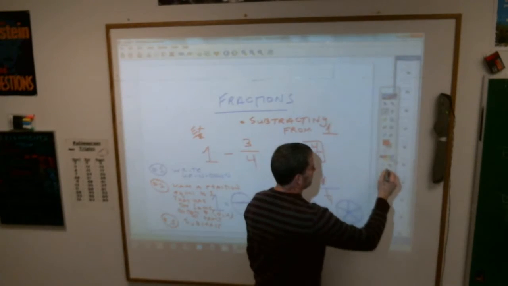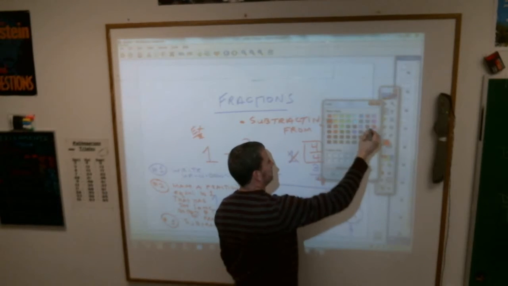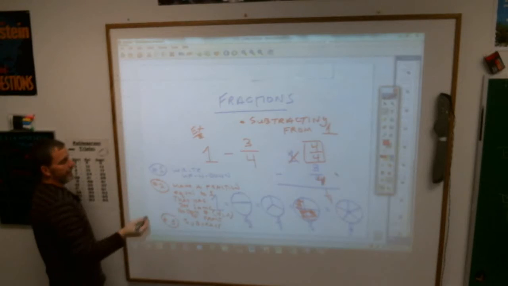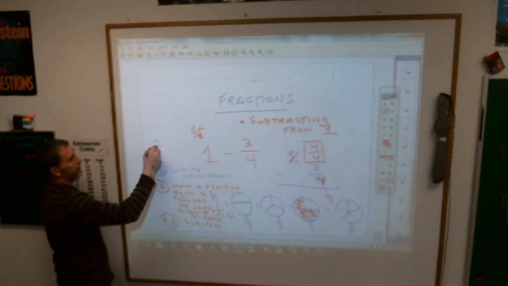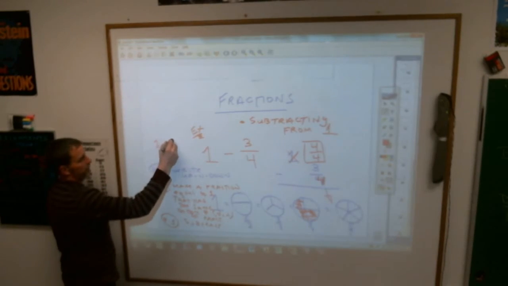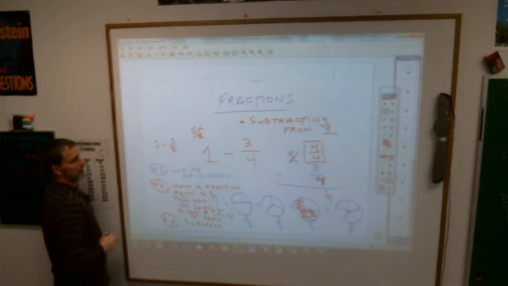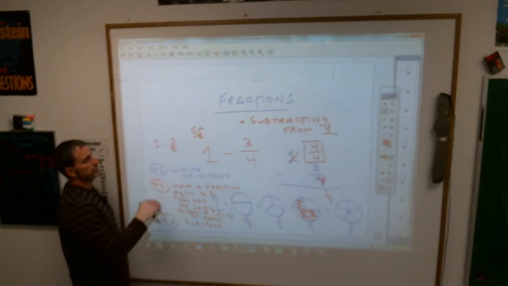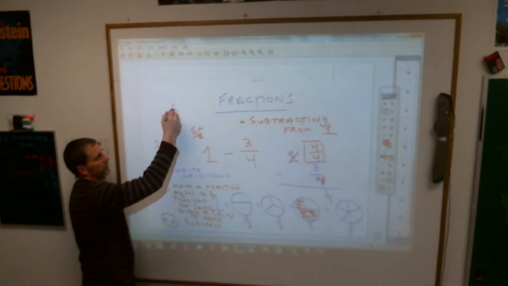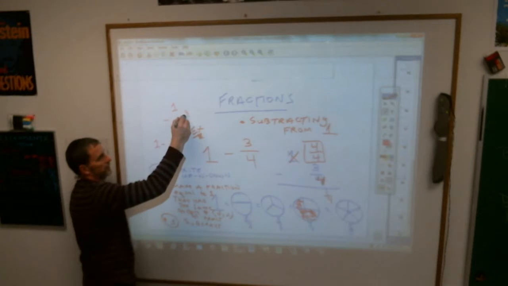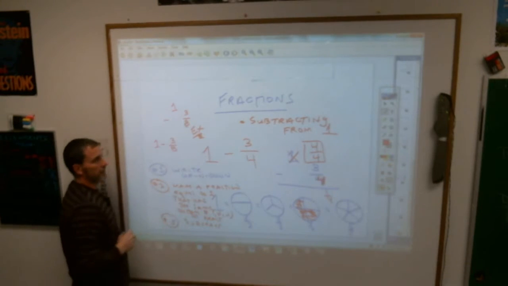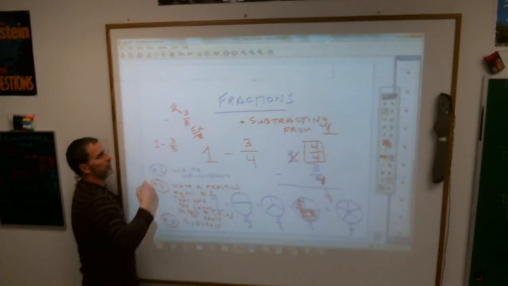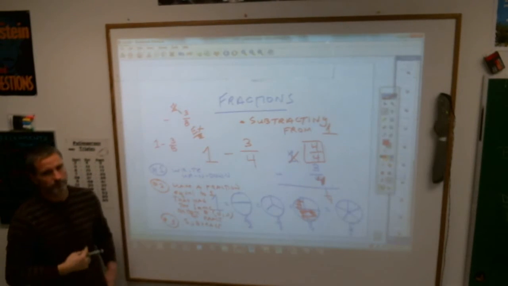Let's change shades into something a little bit more exciting. How about a little pink? So if I have, let's just say 1 minus 3/8, following the handy-dandy rules that we just threw there, you're going to write them up and down, and it's going to be 1 minus 3/8. I am going to cross off my 1 and make a fraction that's equal to 1. What is my new fraction going to be?